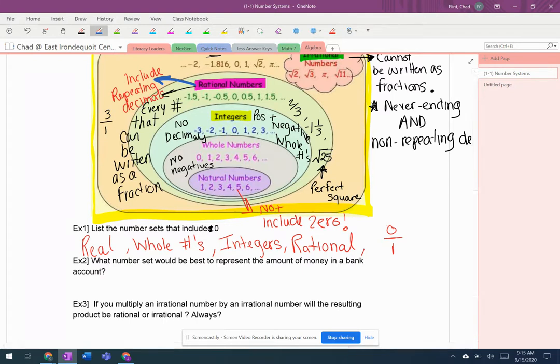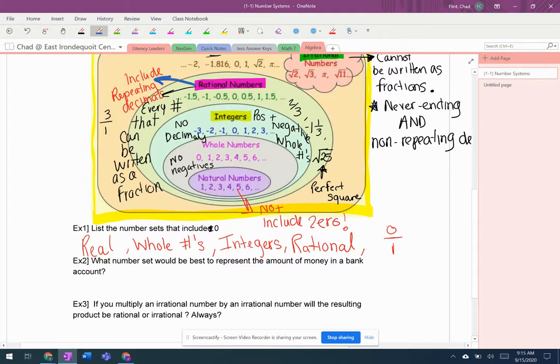If I'm talking about how much money someone has in their bank account, the smallest circle or the most exclusive one is the natural numbers, and it does not include 0. Is that true? Can someone not have $0 in their bank account? $0 is definitely a possibility, so it would not be the natural numbers.